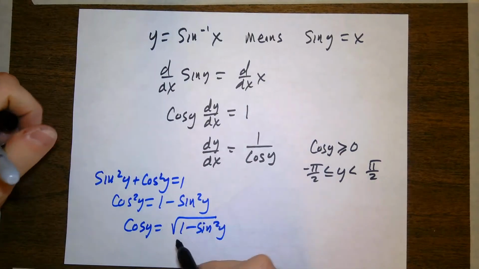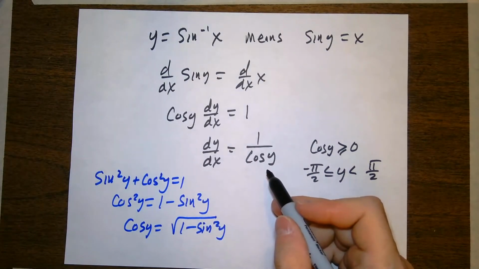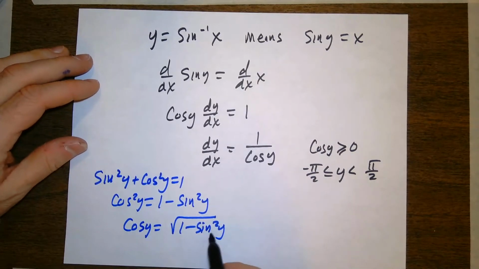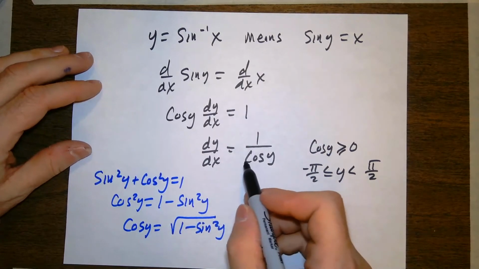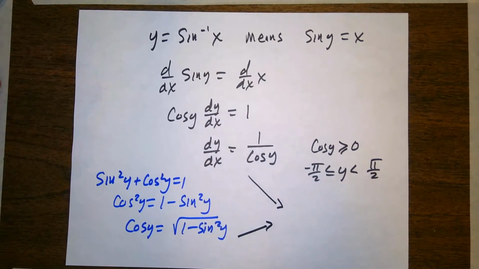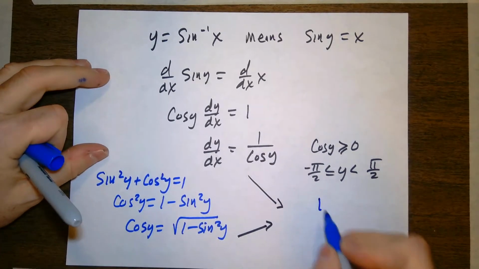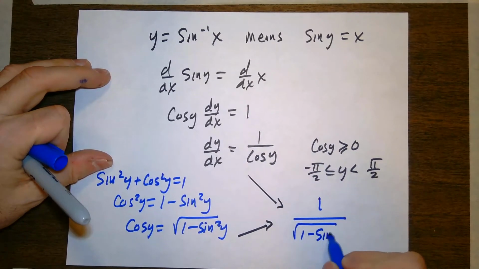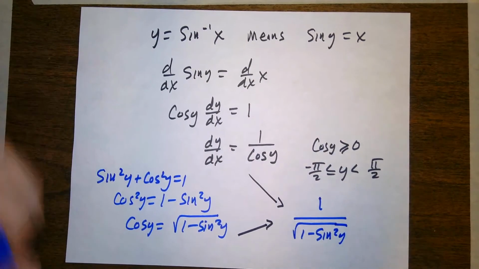Substituting in, if this is the cosine of y, and I combine these two things, I get the following very strange, awkward formula: 1 over the square root of 1 minus sine squared y.